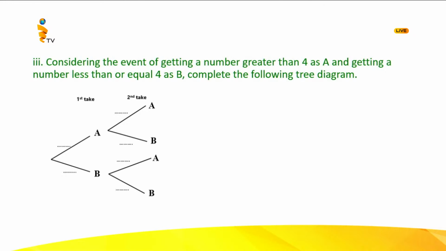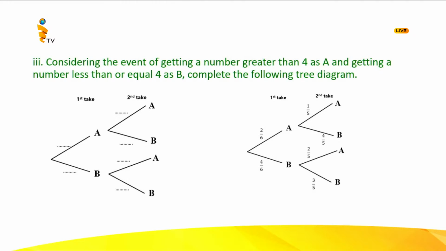So, what are the numbers greater than 4? They are 5 and 6. The numbers which are less than or equal to 4 are 1, 2, 3 and 4. Therefore, in the first take, there are 2 balls numbered greater than 4 and 4 balls numbered less than or equal to 4. So, I have written the probabilities: 2 over 6 and 4 over 6.